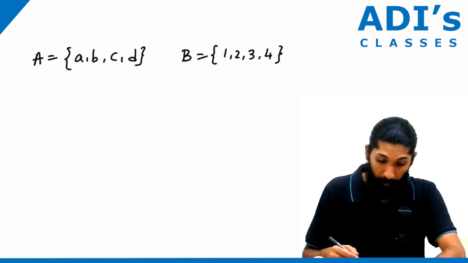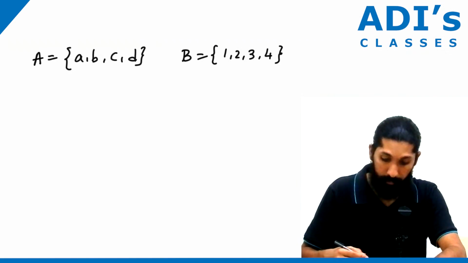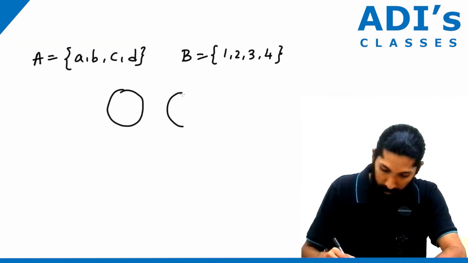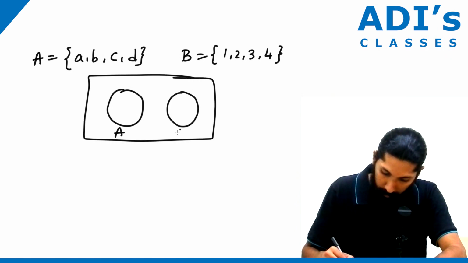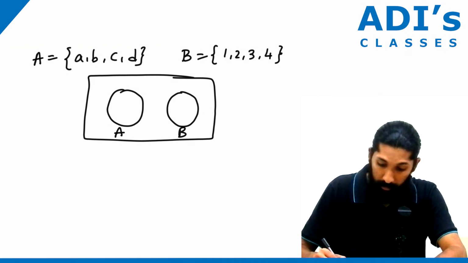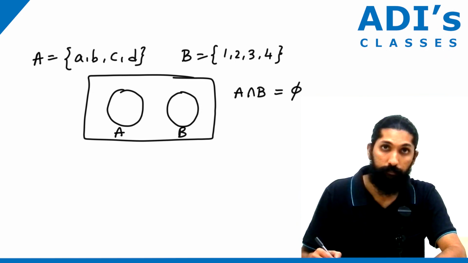Nothing, right? So if I represent these two sets over a Venn diagram, this is set A, this is set B. There is nothing in common between them. Or we can write that A intersection B is equal to the null set.